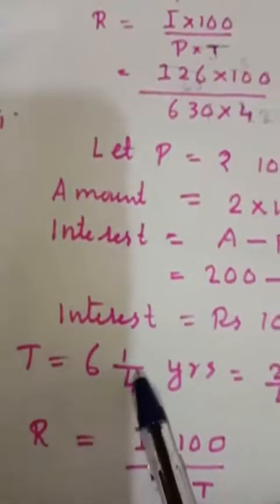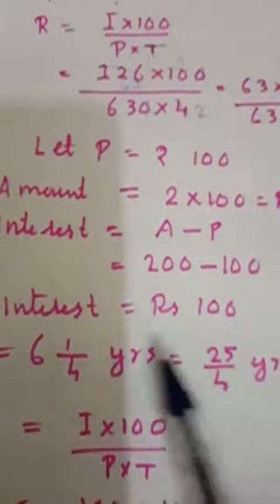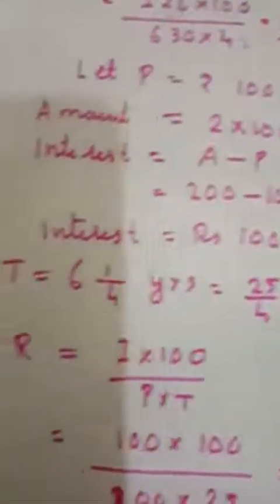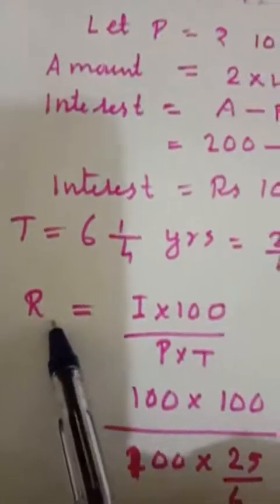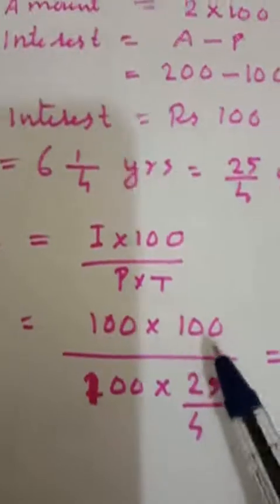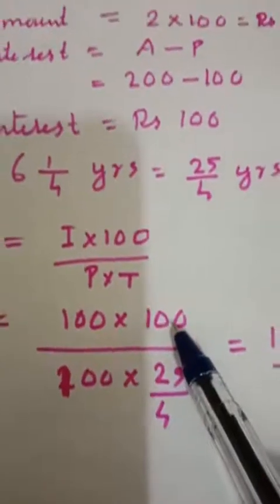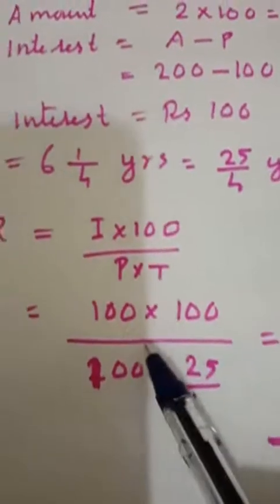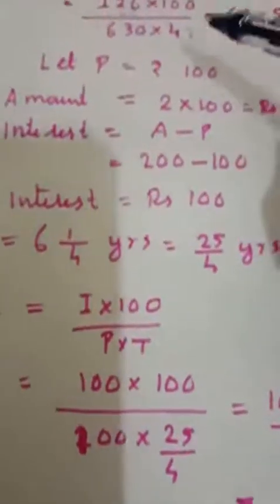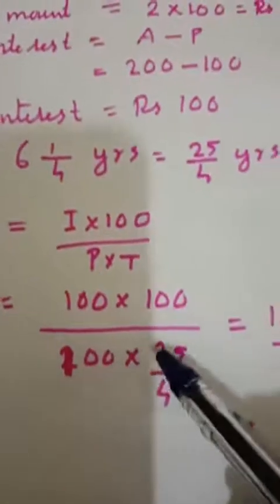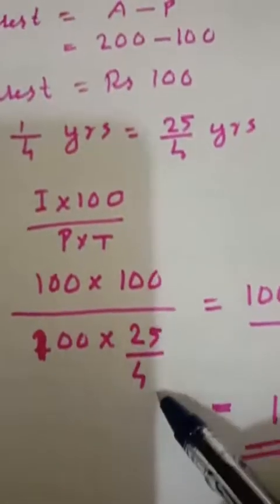Now time period is 6 1 by 4 years, which is equal to 6 4s are 24 plus 1, 25 by 4 years. Now R, rate of interest is equal to 100 I by PT. 100 into, what is I? 100. What is principal? 100. So here 100 into what is T? 25 by 4.